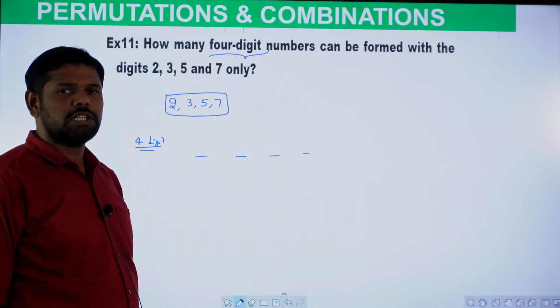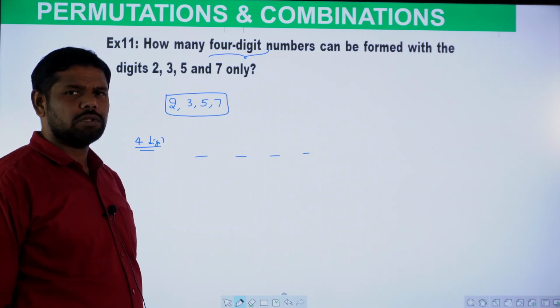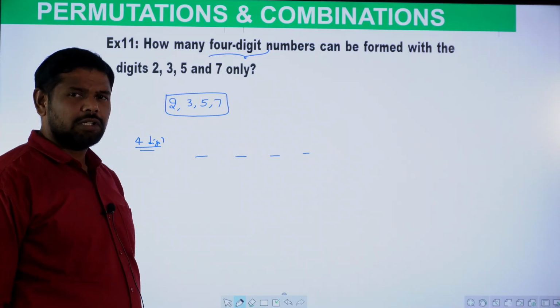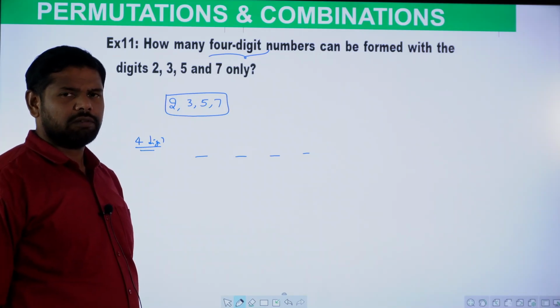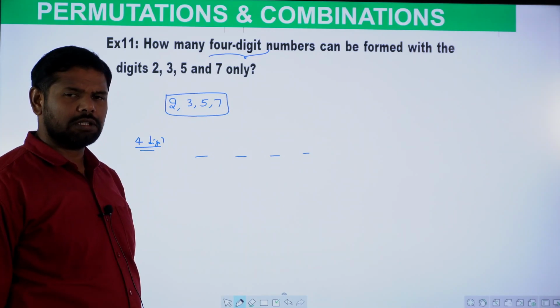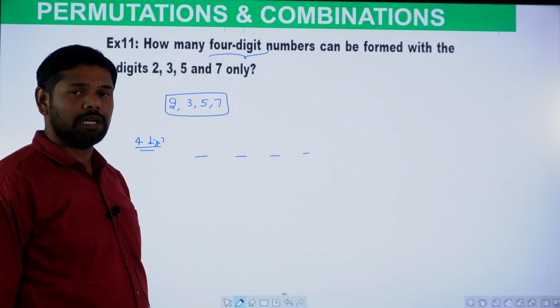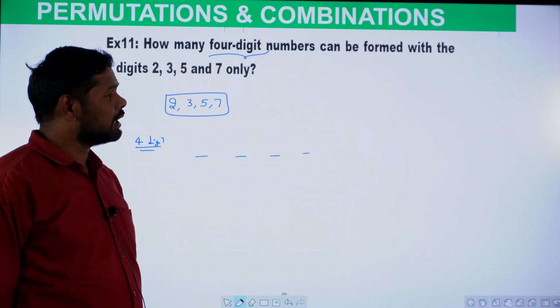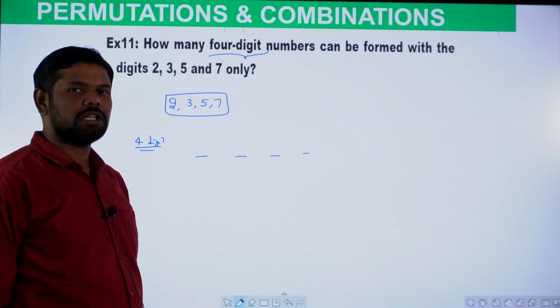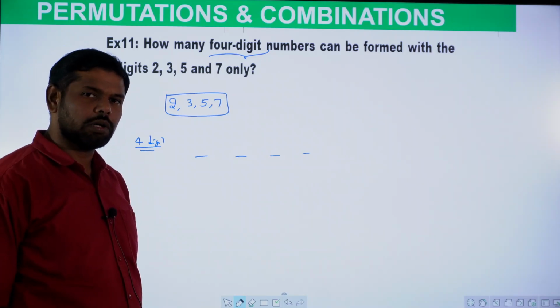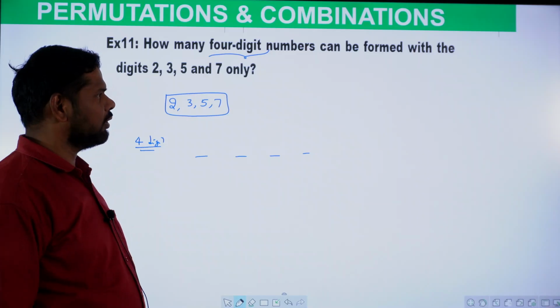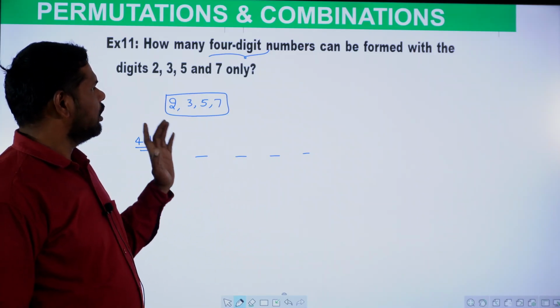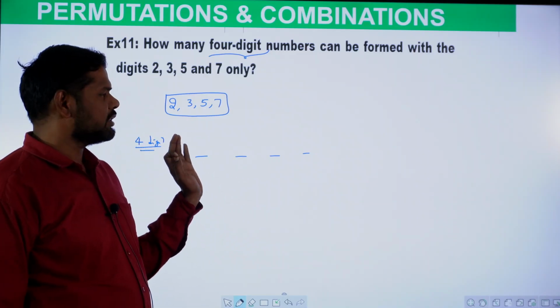That is important. 2-digit numbers like 11, 22, 33 are repeated digits. 3-digit numbers like 311, 110, 115, 100 also have repeated digits. So in general, numbers allow repetition. Only if the question mentions that repetition is not allowed, or without repetition, do we find that case. Otherwise we consider that repetitions are allowed.